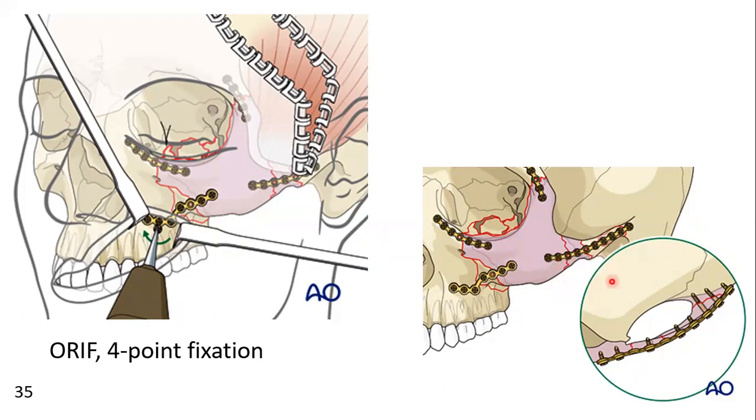Extreme care should be taken during the dissection around the zygomatic arch so as not to injure the temporal branch of the facial nerve. This nerve lies very close to the periosteum of the zygomatic arch.